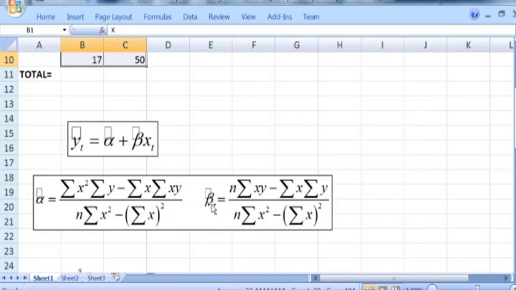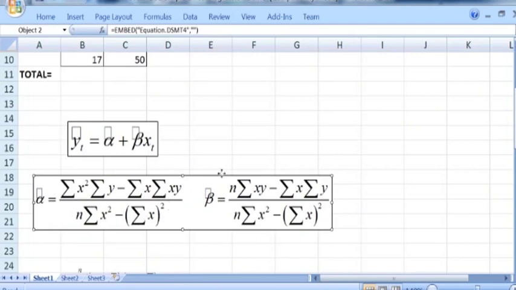And similarly beta hat is equal to n summation xy minus summation x times summation y, whole divided by n summation x square minus summation x whole square. So it means in order to get the estimated regression line, which is y hat equals alpha hat plus beta hat xt, we need to estimate the values of alpha hat and beta hat, and then we will plug in the calculated values of alpha hat and beta hat in this formula to get the estimated regression line, which is also called least square regression line.